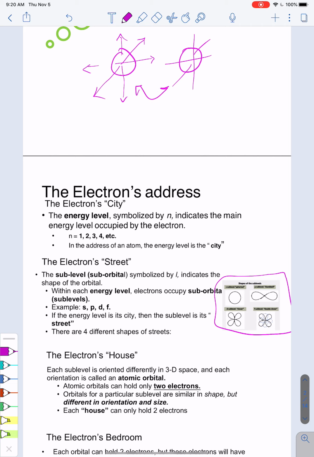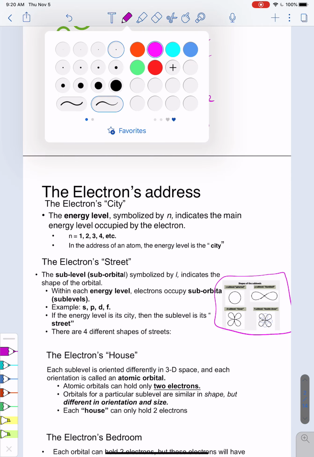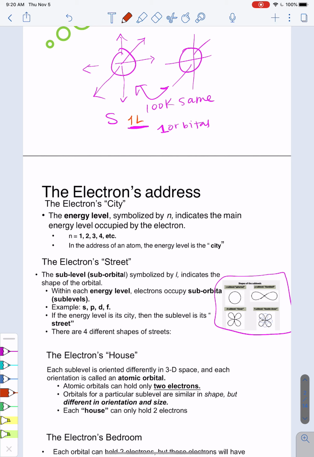See, these look the same. For the S orbital, that means that you only have one orbital, okay? Just one. And so again, each orbital can hold 2 electrons. So the S orbital can only hold 2 electrons total, all right?